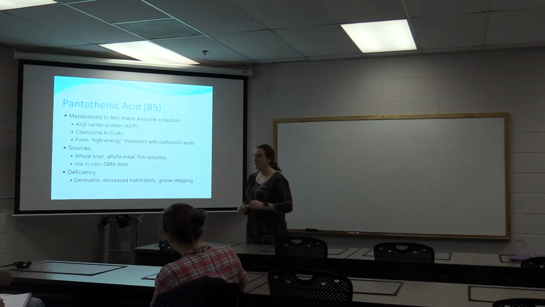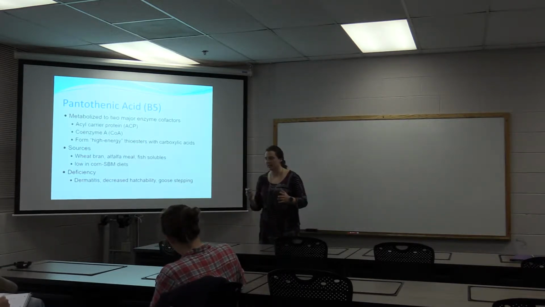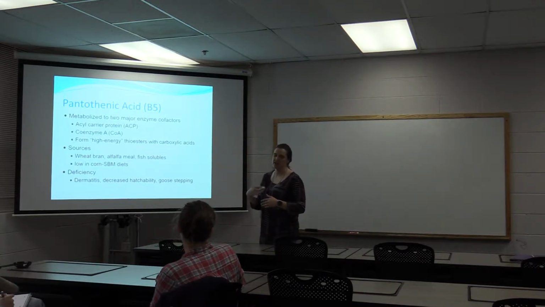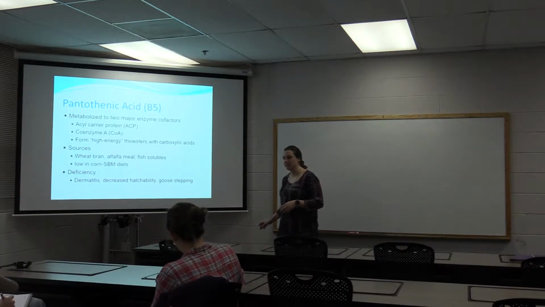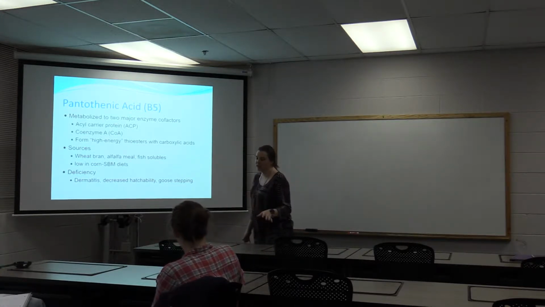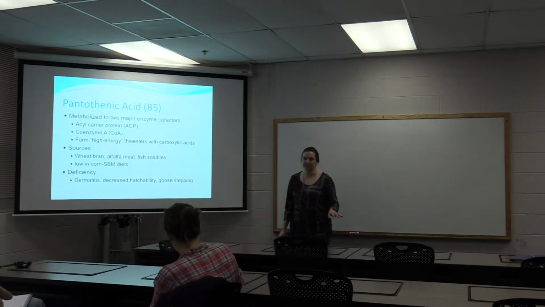Mm-hmm. That's the first step of sugar breakdown, glucose breakdown, is glycolysis. So it goes from glucose down to pyruvate. If you have oxygen, it goes into the TCA cycle. If you don't have oxygen, the pyruvate is converted to lactic acid.